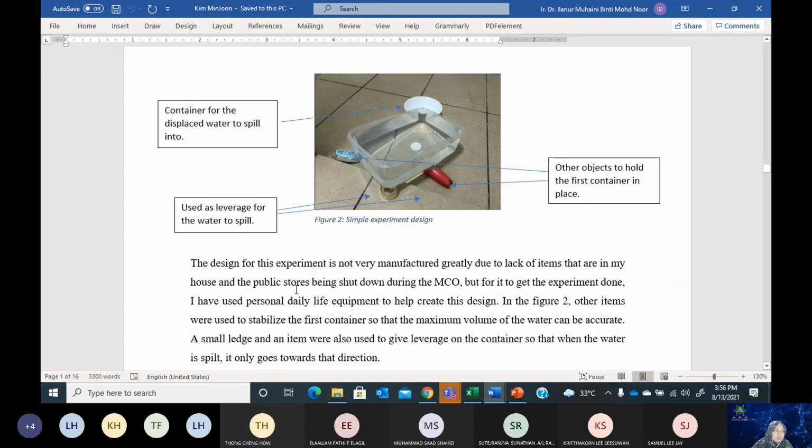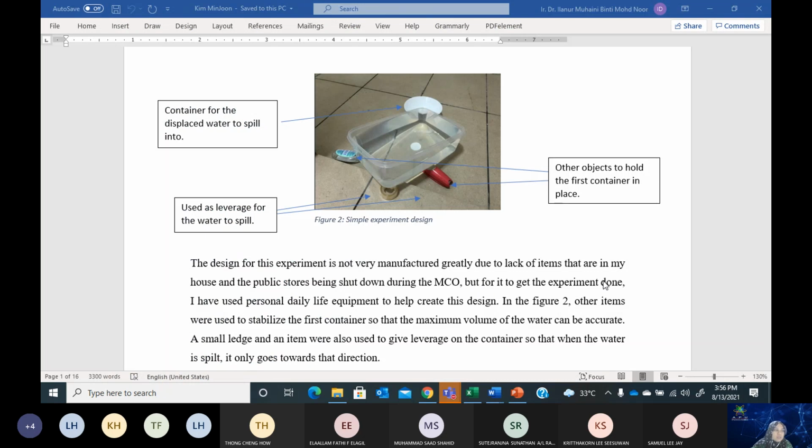I remind again, don't use "I." If you really don't know, replace "I" with "the author." Okay, replace "I" with "the author." If not, you rephrase the sentence. "Because public stores were shut down during MCO.